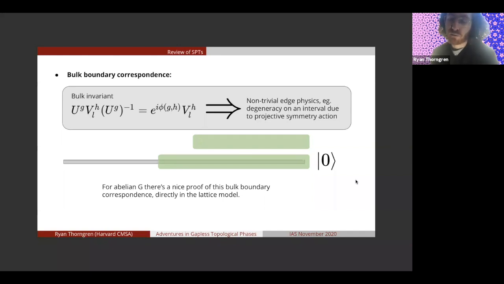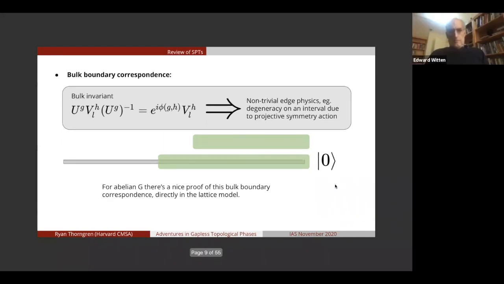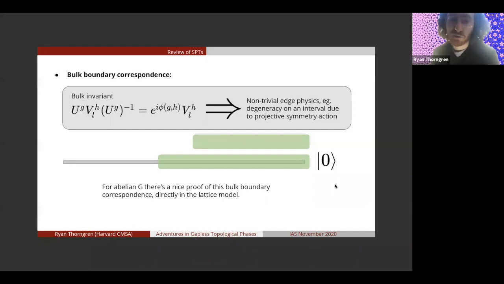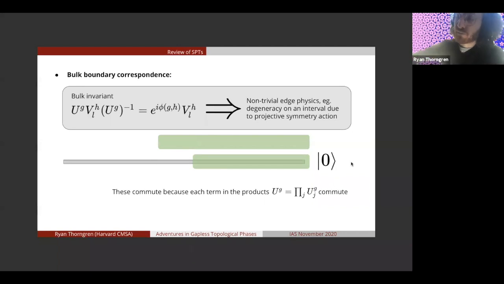And now the bottom one, since we're applying it to the ground state, we can use symmetry fractionalization. Oh, sorry. The first step, we start like this with the little one on top and the big one on the bottom. The first step is to use the fact that these are just products of local symmetry operators, and every local operator forms a representation of the group.